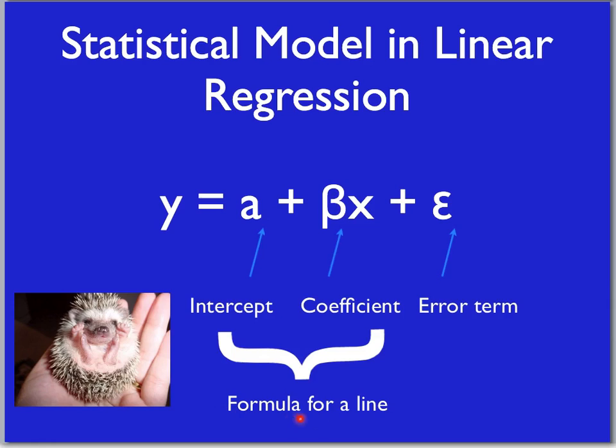So this is just the formula for a line. This is where it crosses the y-axis at the intercept, and this is its slope with the coefficient. So this should be familiar to you from your high school or middle school math. So this shouldn't, I hope, be scary.